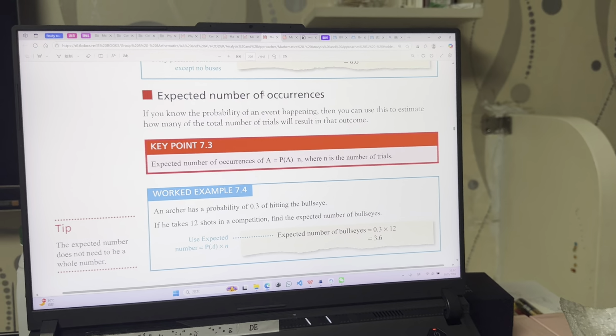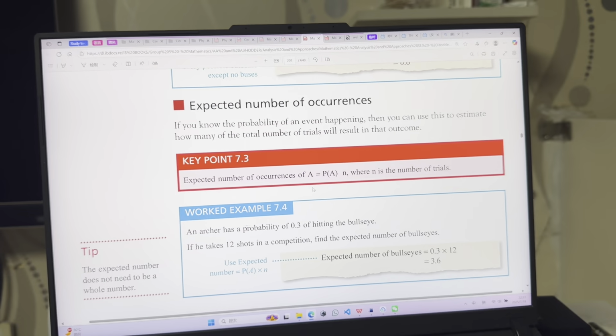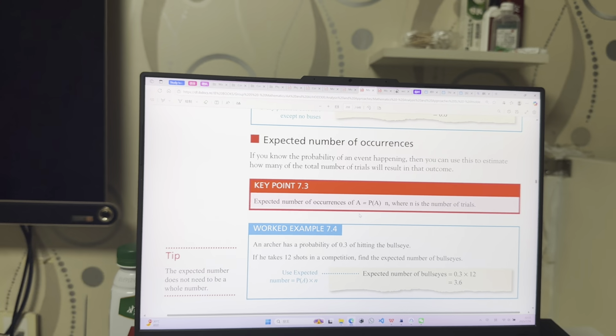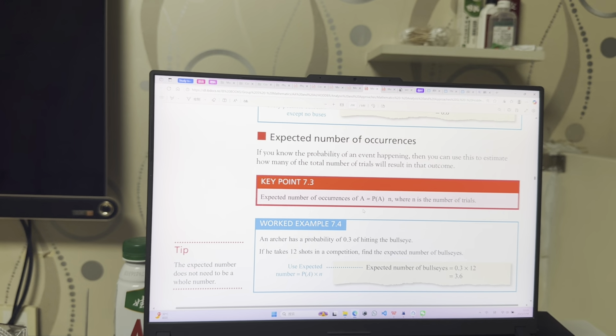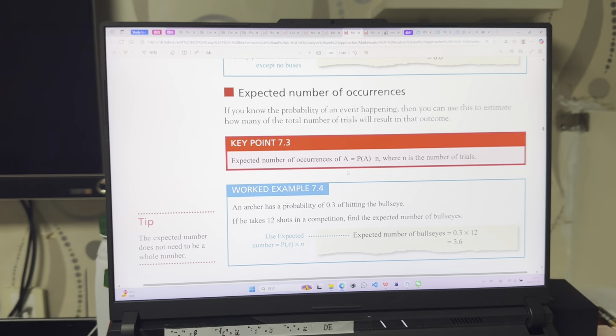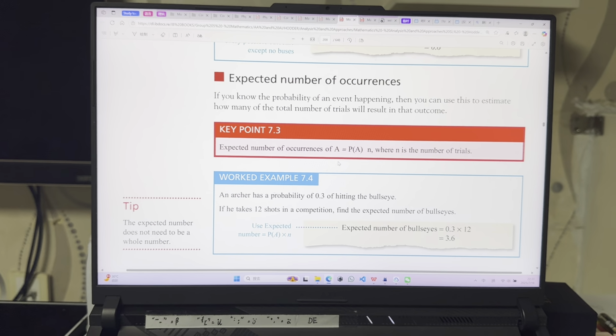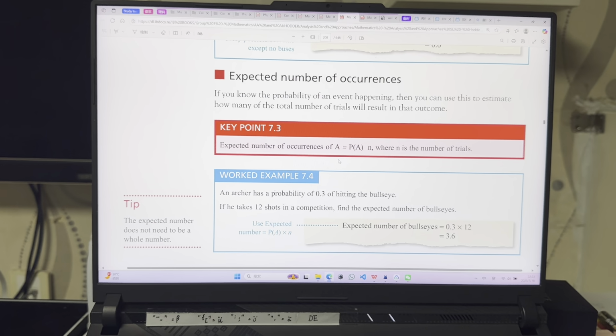This formula is just used for prediction. For example, if you roll a die 120 times, I think you would expect each number to come up 20 times, equally.